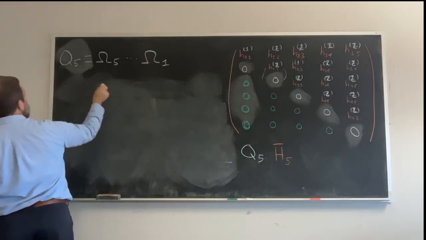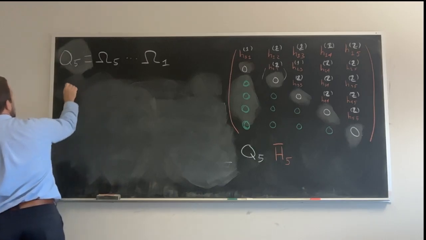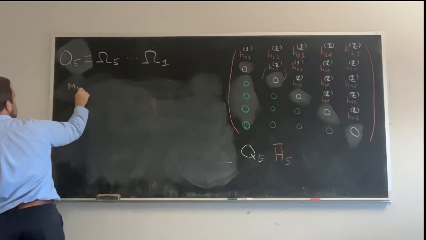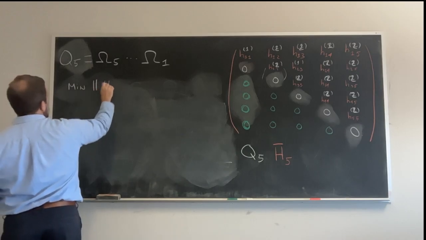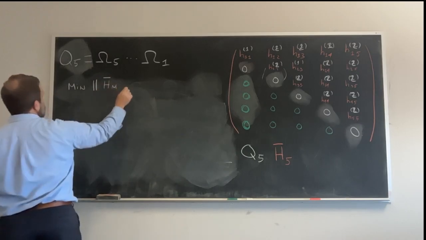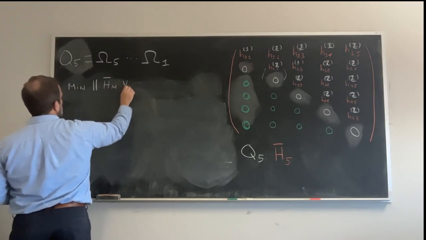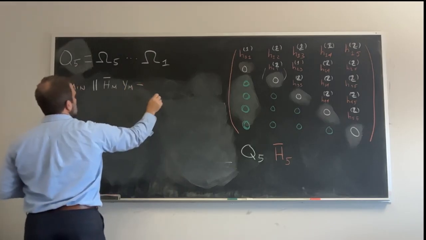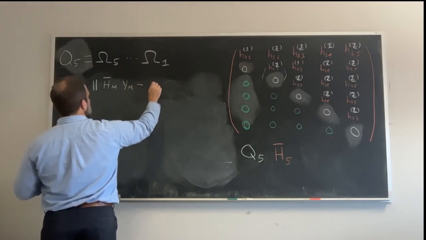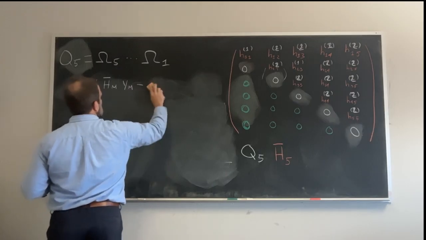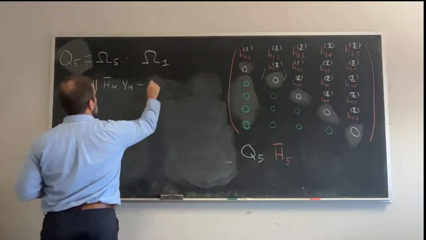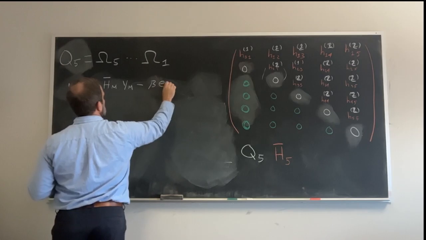In the GMRES method, remember, we are minimizing Hm bar ym minus beta E1.